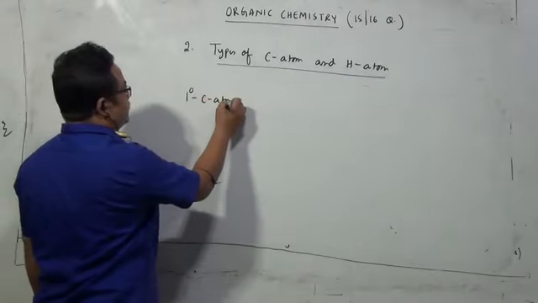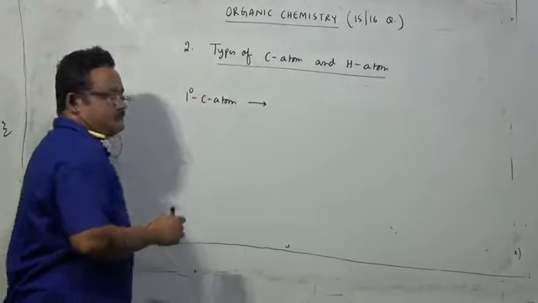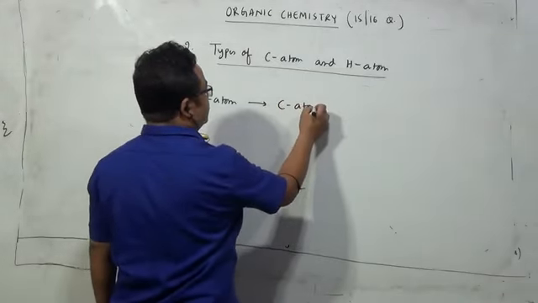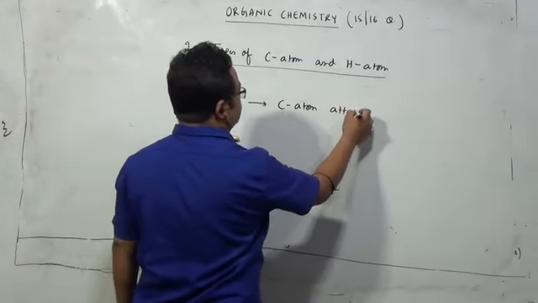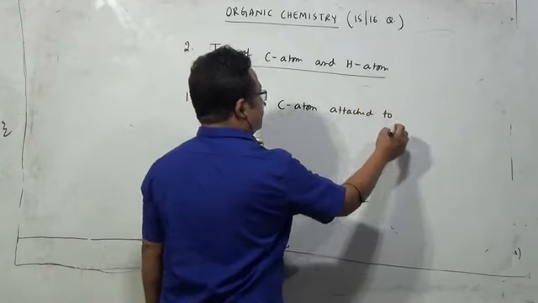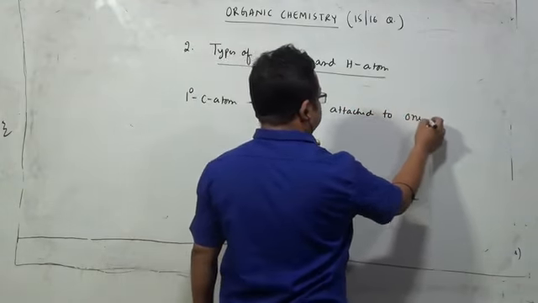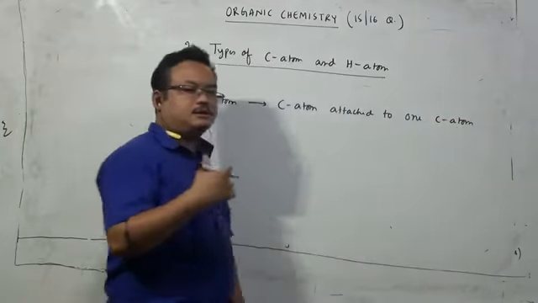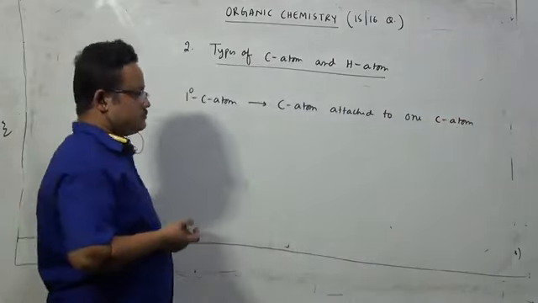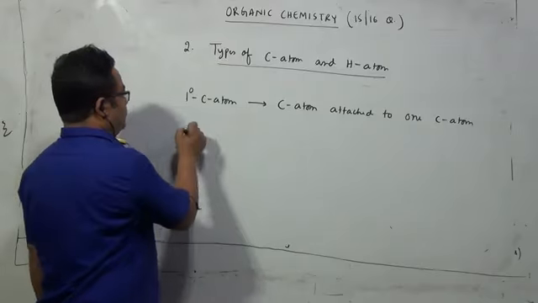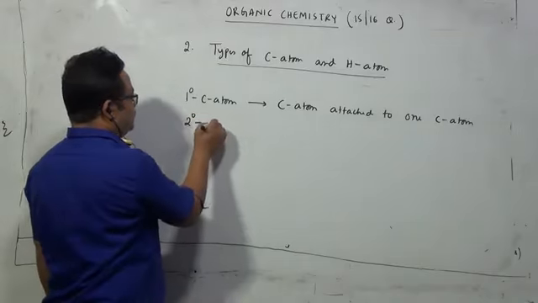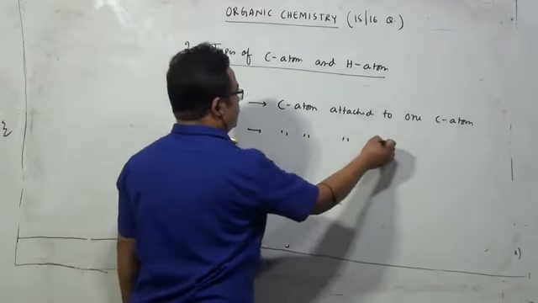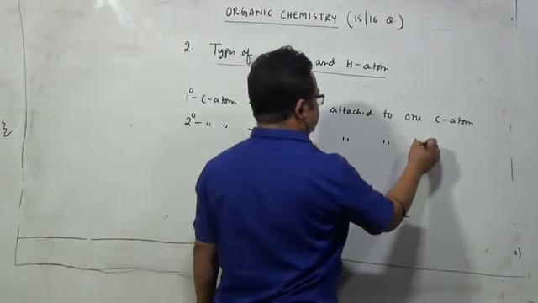A primary carbon atom is a carbon atom attached to one carbon. Then a secondary carbon atom, or 2 degree carbon atom, is a carbon atom attached to 2 carbon atoms.